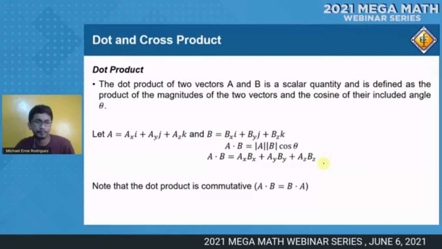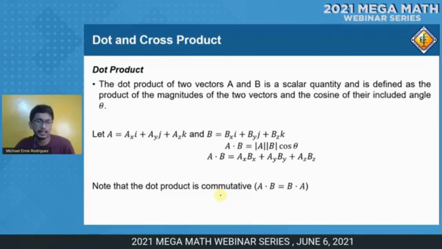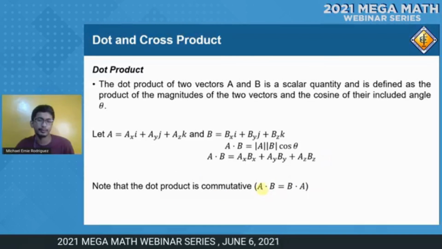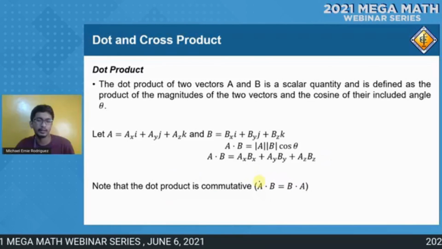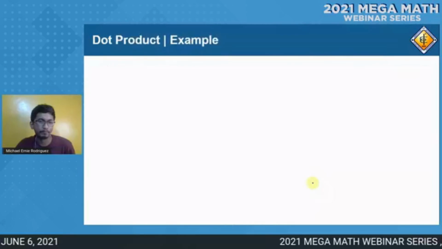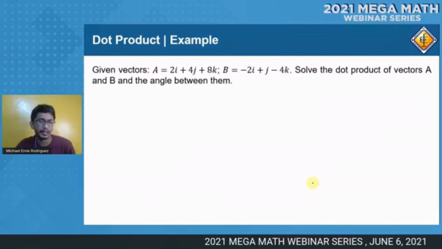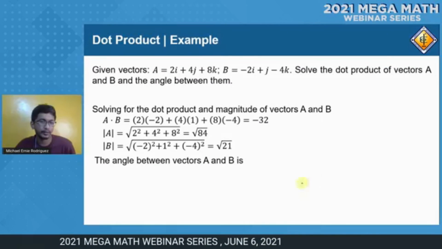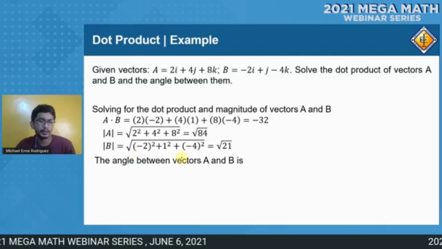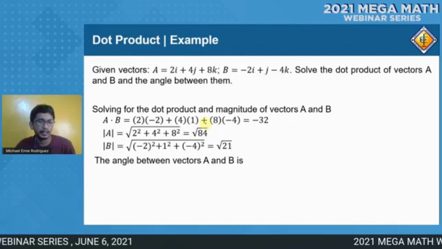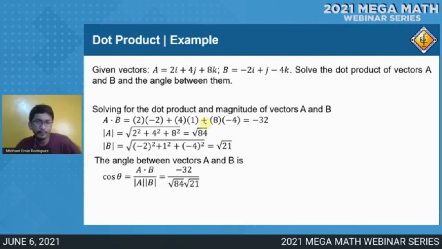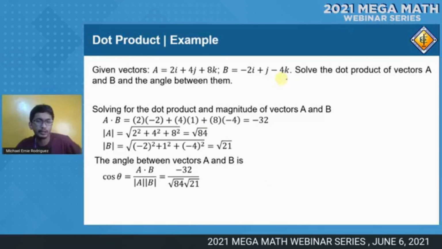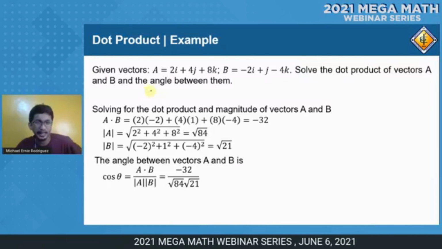And take note, the dot product is commutative, so they can be swapped. The dot product of A and B is equal to the dot product of B and A. Then for an example of the dot product, solve for this, and then the angle.